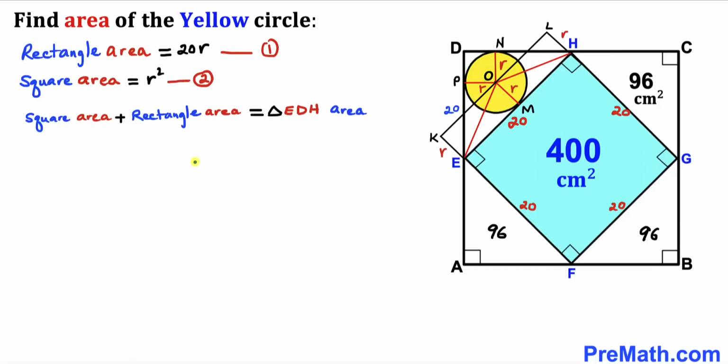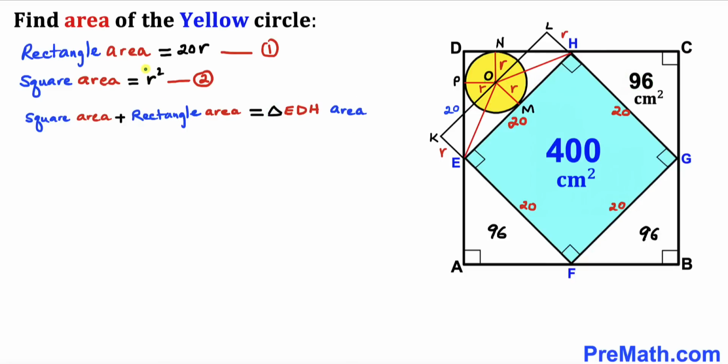And now let's make an observation. We can see the area of this square plus the area of this rectangle is going to be the area of this whole right triangle EDH. And we know that the area of this triangle EDH is 96, since all these triangles are congruent.